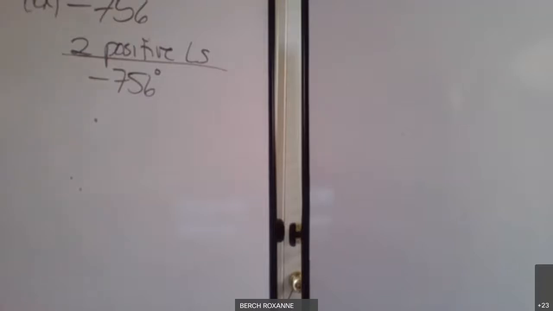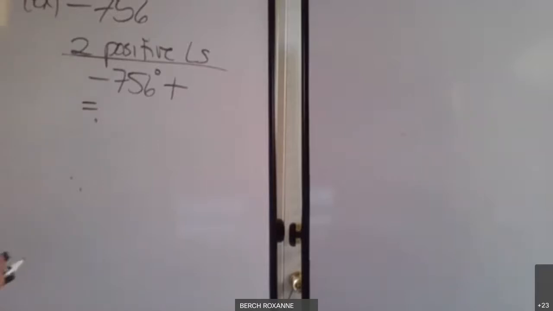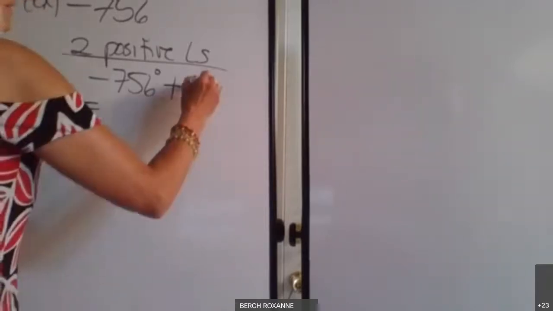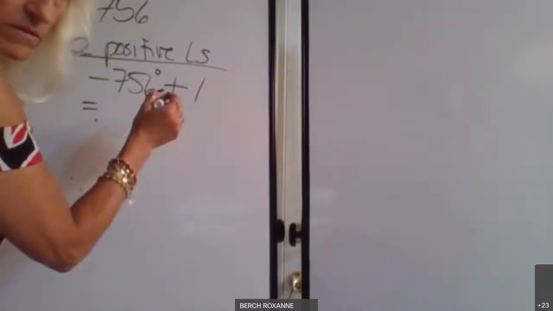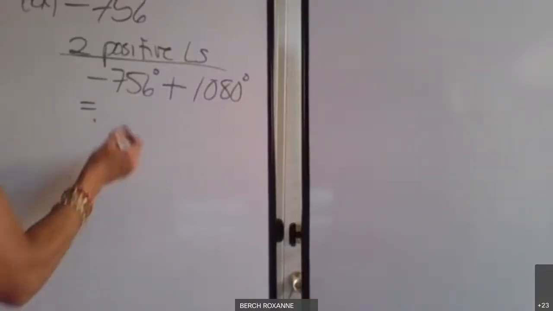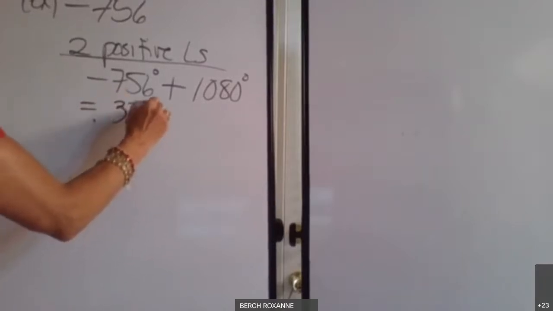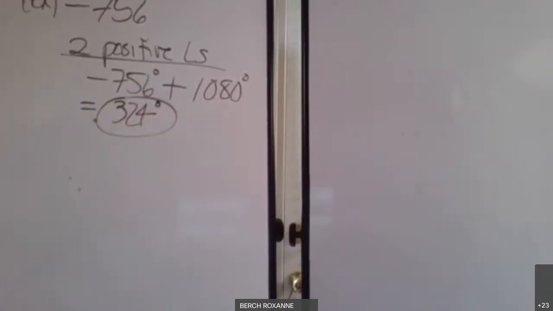So you'd have to triple it. So you'd have to triple 360. So what's 360 tripled? 1080. So what's 1080 minus 756? 324. So there's one positive coterminal angle.